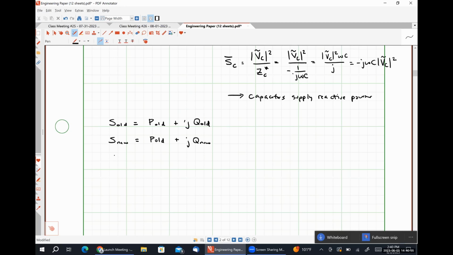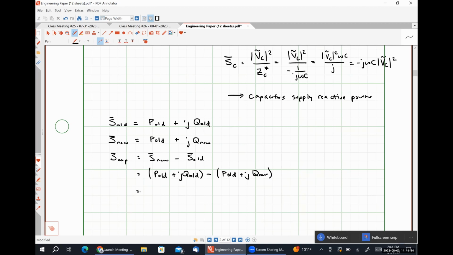The complex power that needs to be provided by our capacitor is S new minus S old. So this is going to look like P old plus jQ old minus P old plus jQ new.